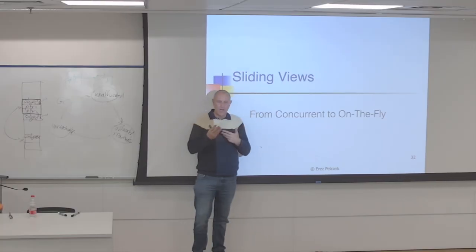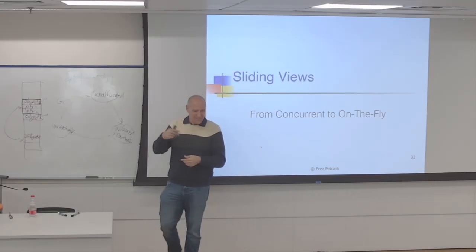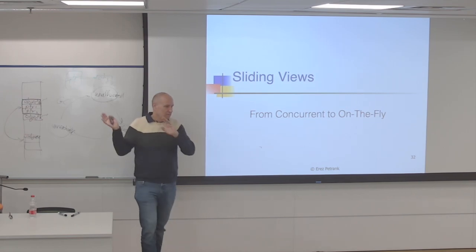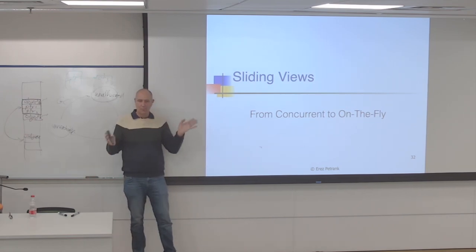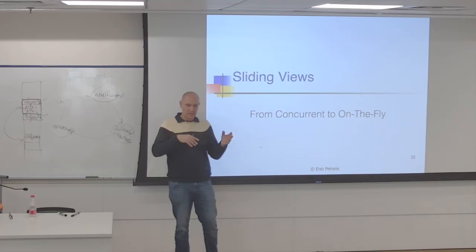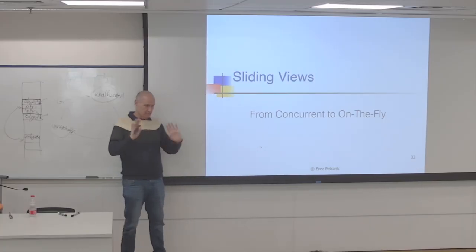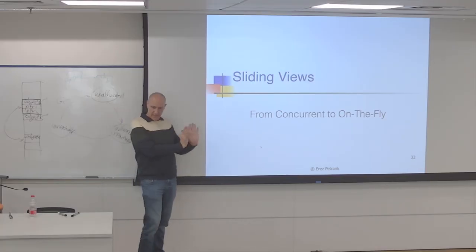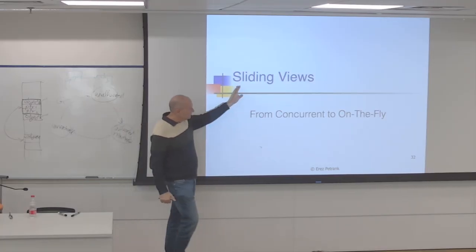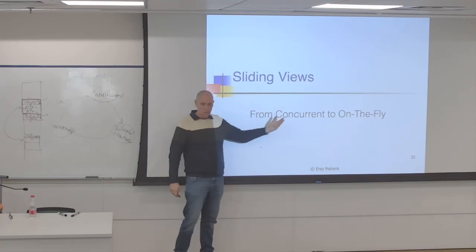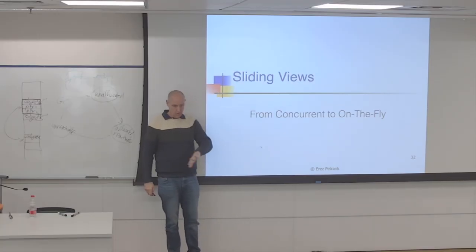Also, it will tell you why in the DLG we have these 3 handshakes, why we mark old and more old than new when we change a pointer in the beginning, and then we mark only the old. All these things that looked mysterious are going to become clear if you understand this methodology of sliding views, how to go from concurrent to on the fly.